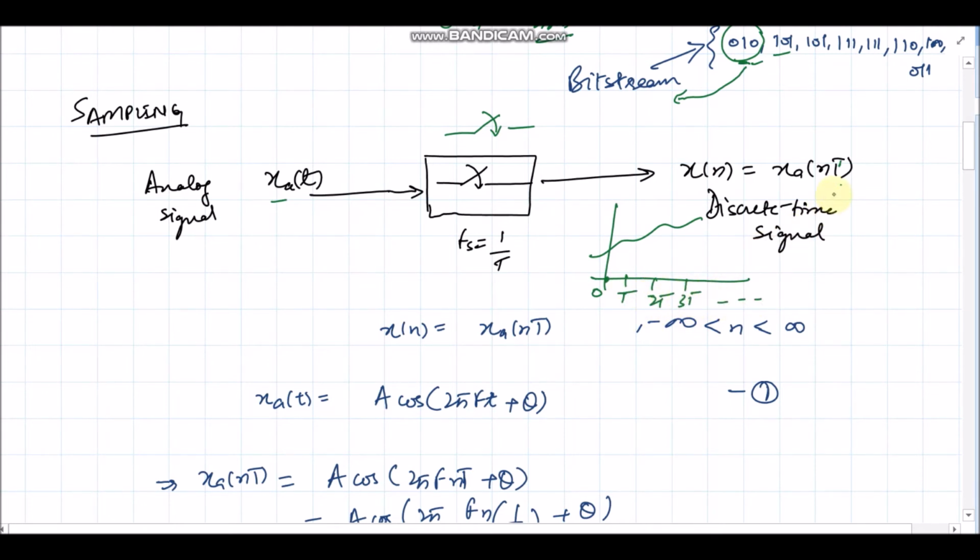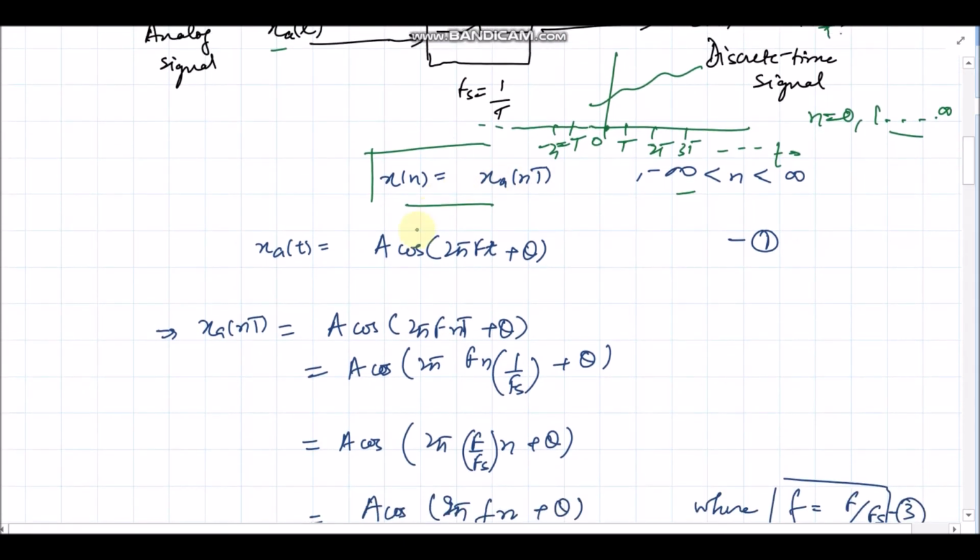So we are varying the value of n. n is ranging from 0 to, let's say, infinity. And likewise I can take the values on the negative side also, because it is time. I can take values at minus T, minus 2T. This is the mathematical expression: x(n) equal to xa(nT) for n equal to minus infinity to infinity.